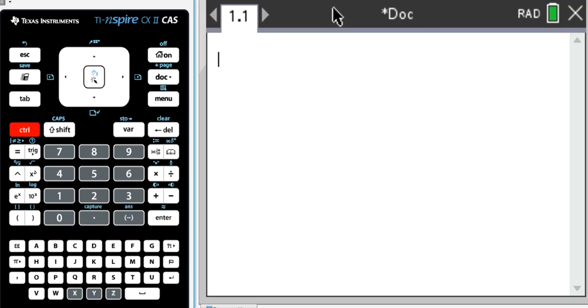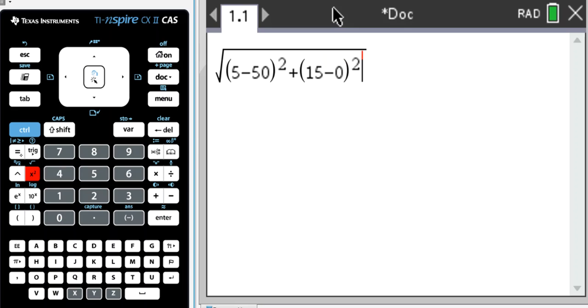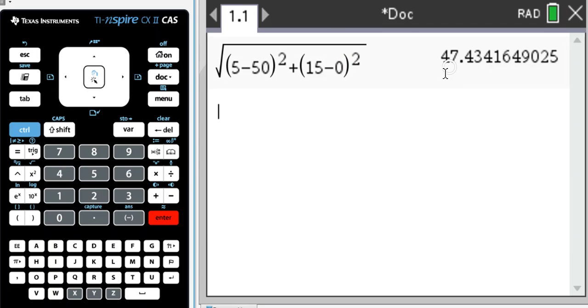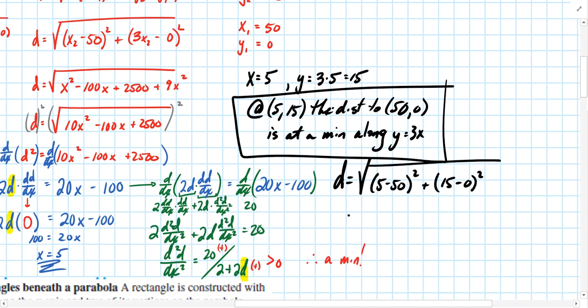We want the square root of 5 minus 50 quantity squared plus 15 minus 0 quantity squared, and that distance appears to be 47.4342 units.